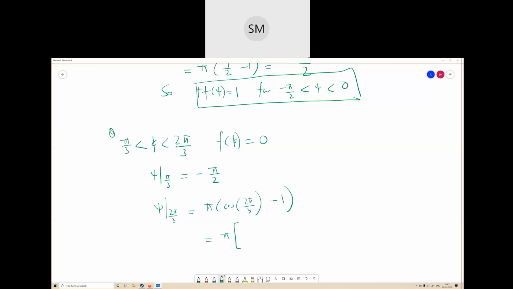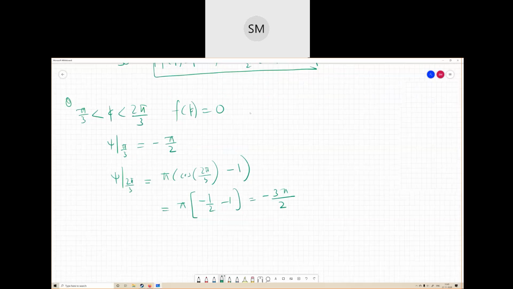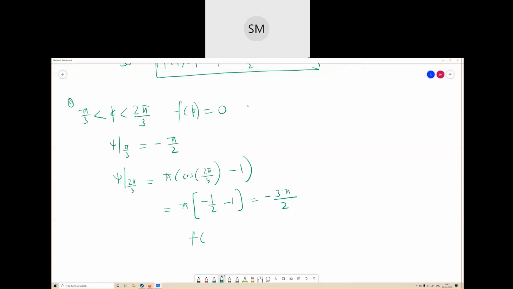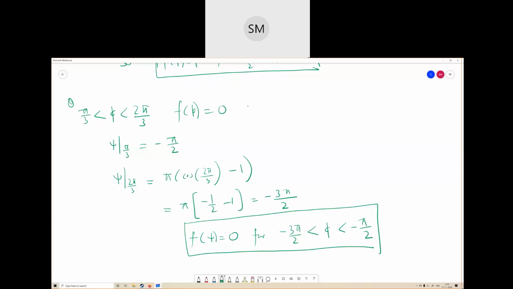Cos 2 pi by 3 is equal to minus half, so it gives minus 3 pi by 2. So the second expression is F of psi equal to 0 for psi from minus 3 pi by 2 to minus pi by 2. We can write this as per the specifications. Is it okay?